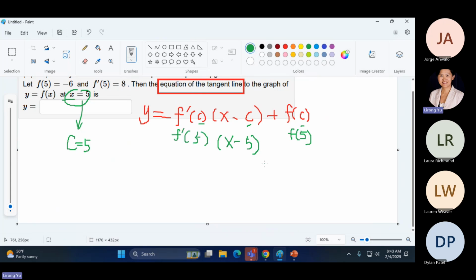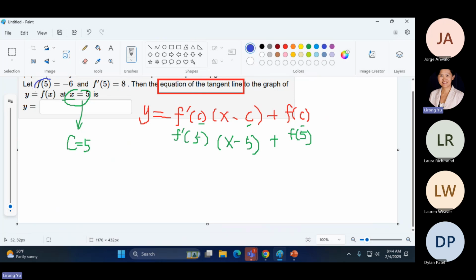As we fill in the information, we realize roughly the structure of the whole equation, but it's not the answer yet, because f of 5 and f prime of 5 are abstract notation that should be replaced by the actual numbers. c is 5, f prime of 5 is -6.